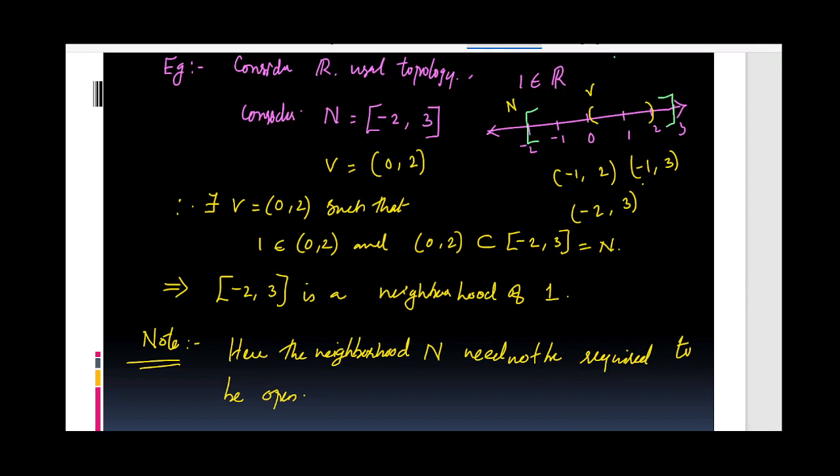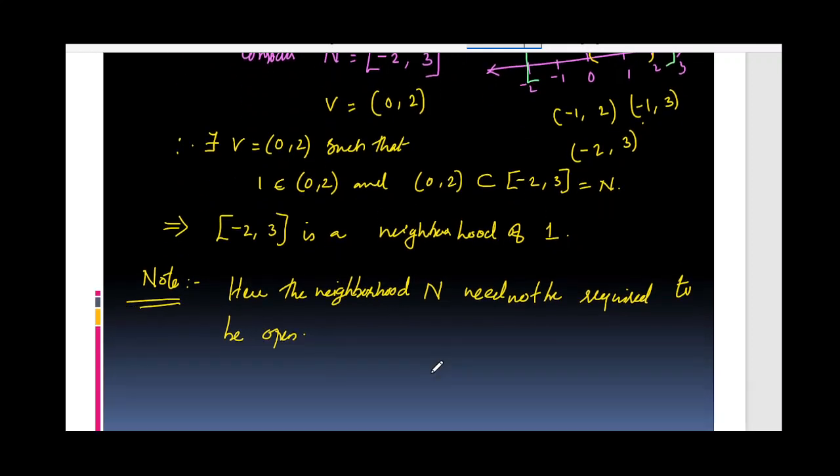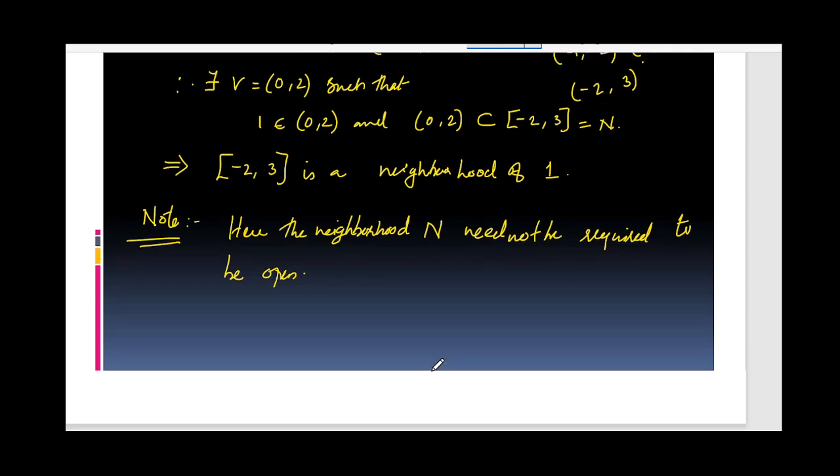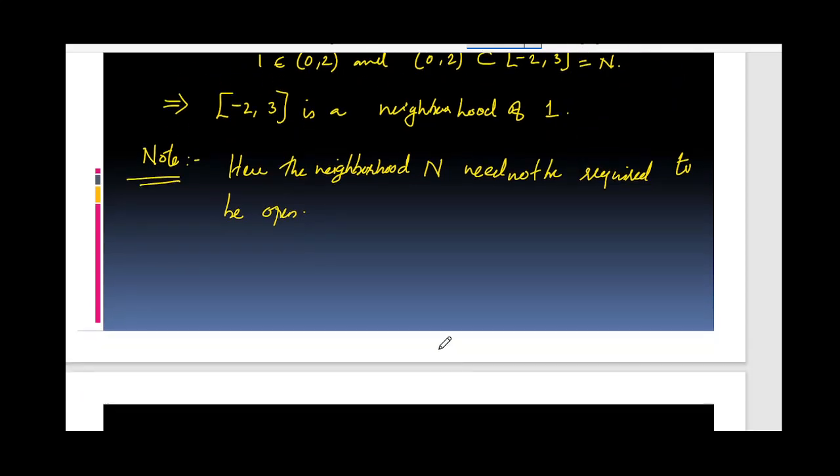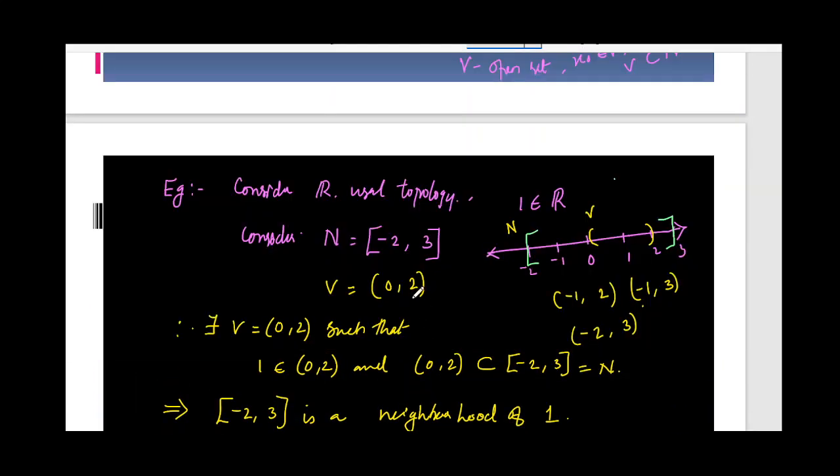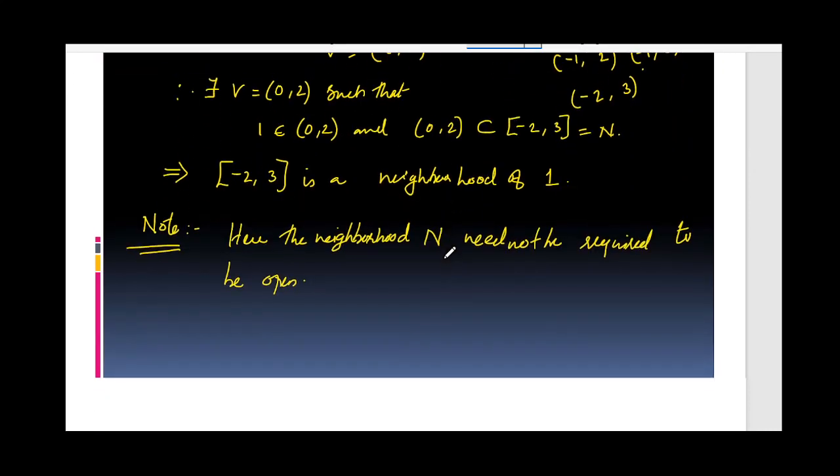But here the story is somewhat different. That is, we can have closed sets also being neighborhoods. See here, I have taken the closed interval [-2, 3]. If I take the open interval (-2, 3), then again that is going to be a neighborhood by our definition.